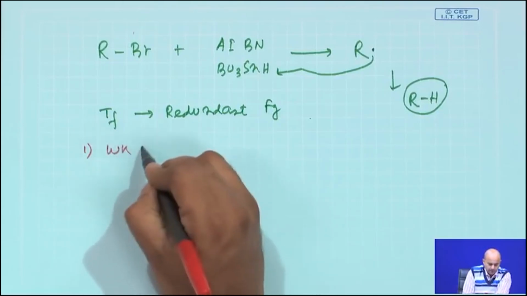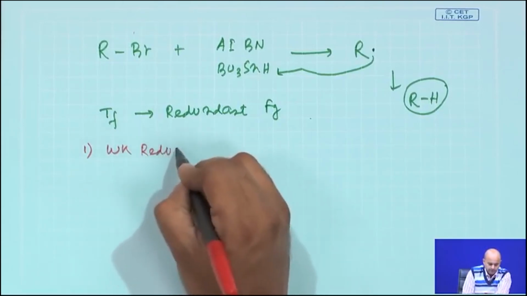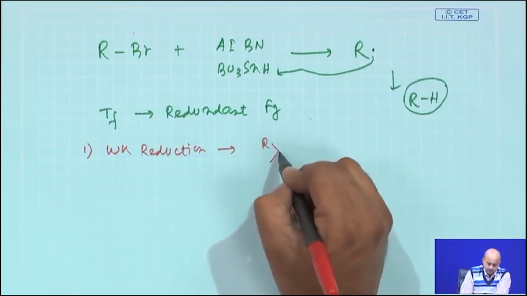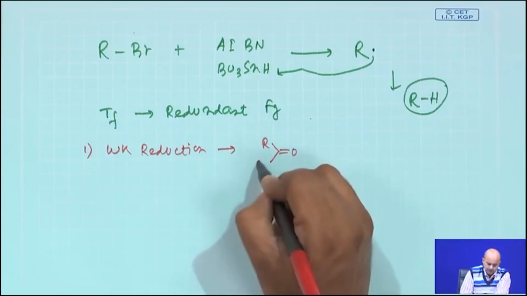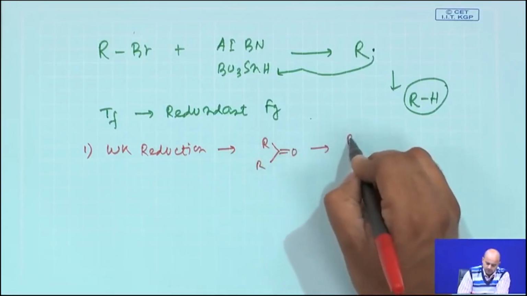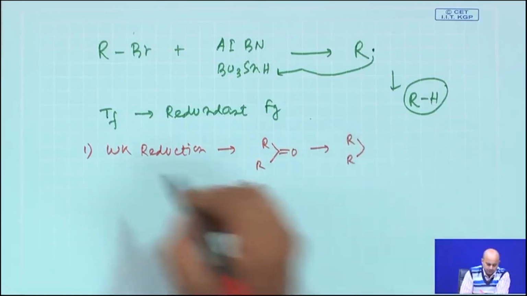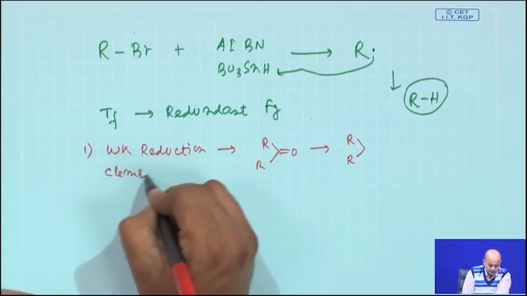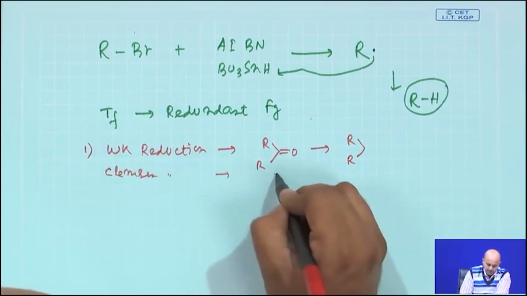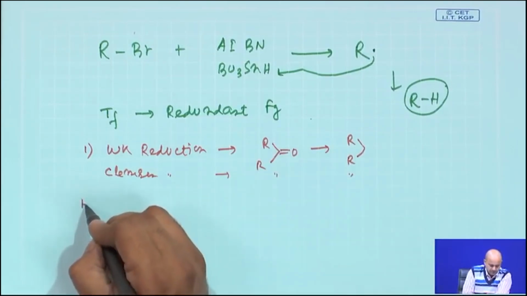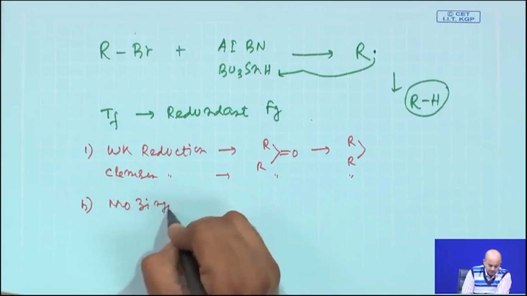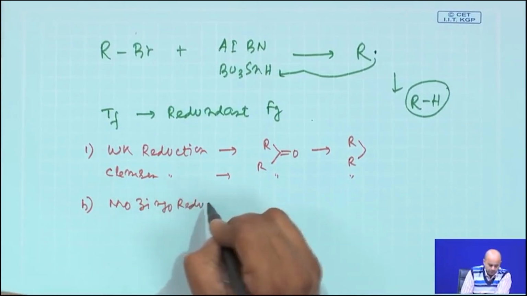Standard transformations like the Wolff-Kishner reduction, where you do a transformation something like this to deoxygenate the product. In the same line, you have the Clemmensen reduction, which is exactly the same. We also said the Mozingo reduction, which is also very useful.